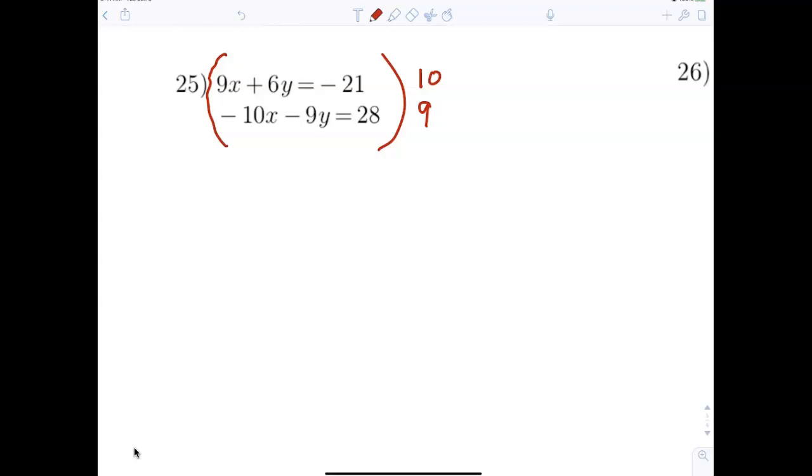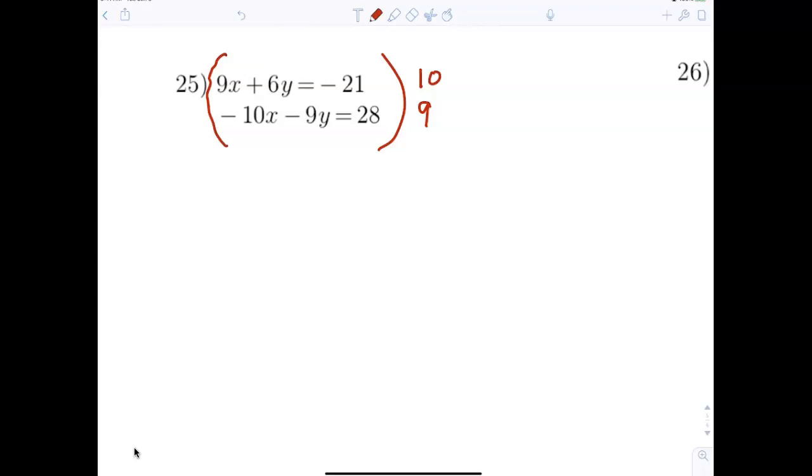I could multiply the top by 9 and the bottom by 6, because that'll be 54 and negative 54. We could also do 18. I can multiply the top by 3 and the bottom by 2. It just makes it easier because the numbers are smaller. You have to make decisions. You have to decide how you like it. If you see the 10 and the 9, I'm totally fine with that.